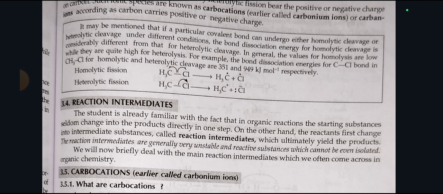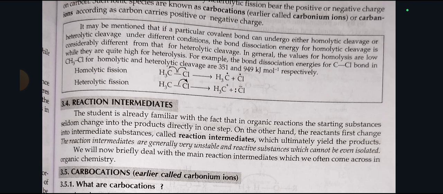It may be mentioned that if a particular covalent bond can undergo either homolytic or heterolytic cleavage under different conditions, the bond dissociation energy for homolytic cleavage is considerably different from that for heterolytic cleavage. In general, the values for homolysis are low, while they are quite high for heterolysis.